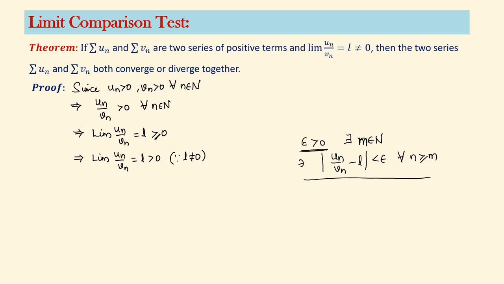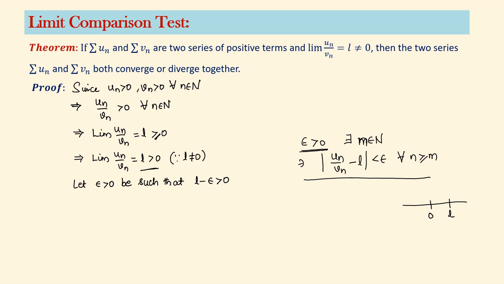So in particular, I am choosing epsilon greater than 0 in such a way that L minus epsilon is still greater than 0. Why? Because our L is greater than 0, so L is to the right of 0 on the number line.